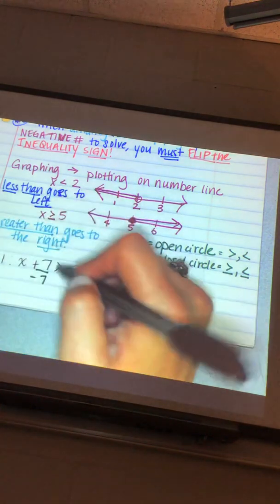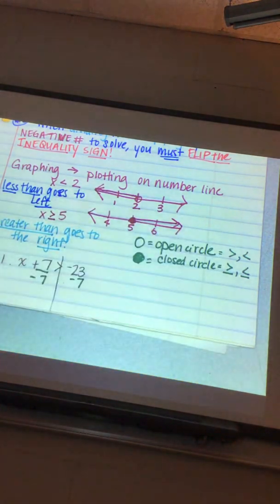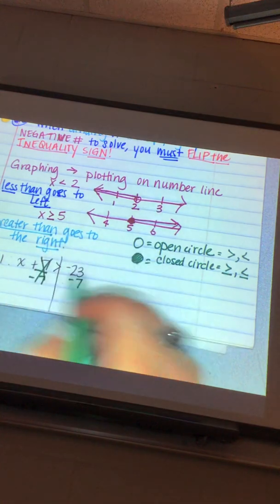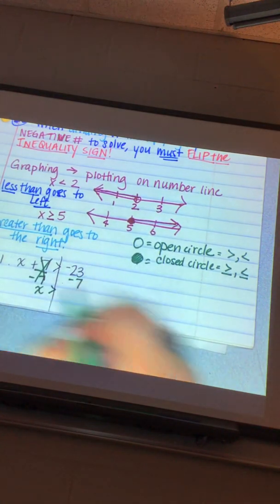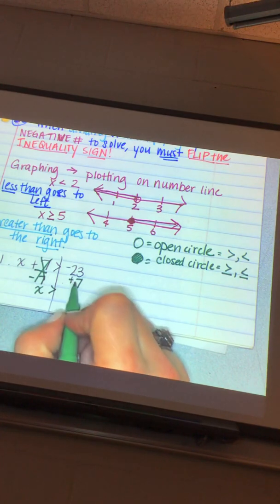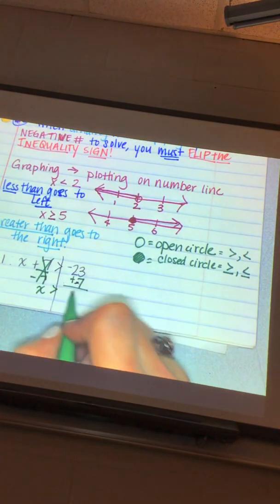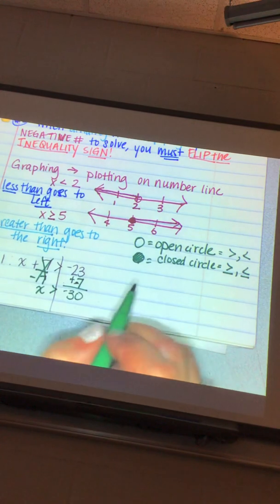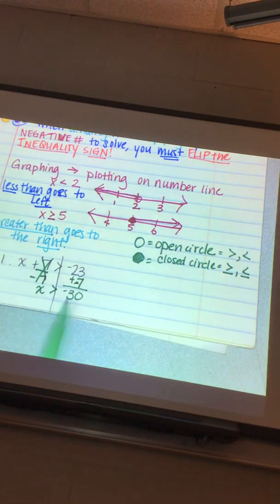Over here we get 0. So we're left with x is greater than, and negative 23 minus 7, keep, flip, change. We end up adding 2 negatives, and we get negative 30. X is greater than negative 30. So let me show you how we would graph that.